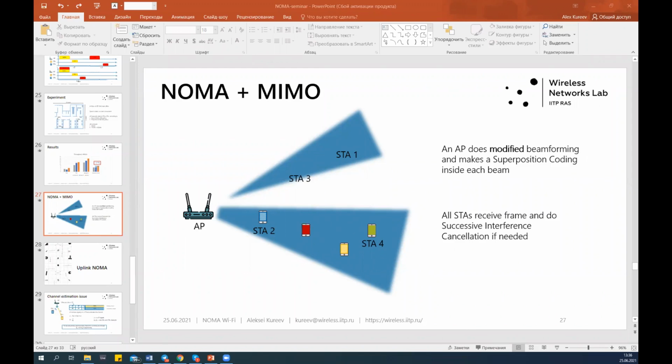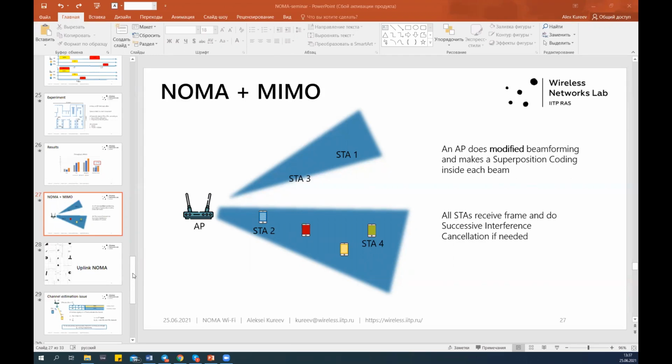One more question from my side. You already mentioned it a bit during your talk. Could you summarize in which technologies NOMA is already used, which technologies' developers are going to use NOMA in the near or maybe not so near future, and in which technologies researchers propose to use NOMA?